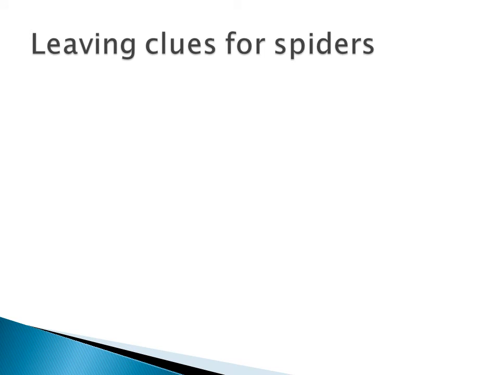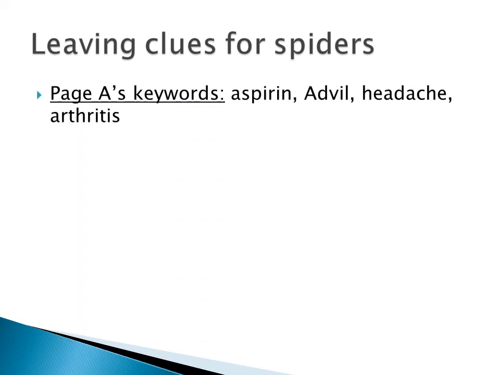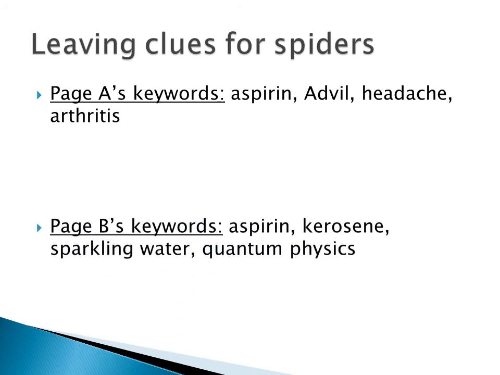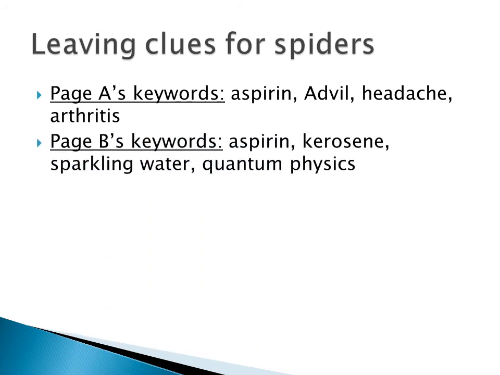How do we leave the right clues for spiders? Here's page A. Page A's keywords say aspirin, Advil, headache, and arthritis. The main keywords on web page B say aspirin, kerosene, sparkling water, and quantum physics.